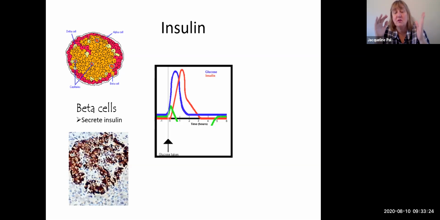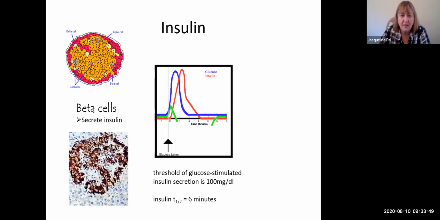And then once the glucose levels start falling down because the insulin has dropped the glucose levels, then the insulin release starts plummeting as well. And within 2 hours after a glucose load, your blood glucose level should be back at baseline. You should have normal blood sugar levels at this, equivalent to your normal fasting blood sugar levels.